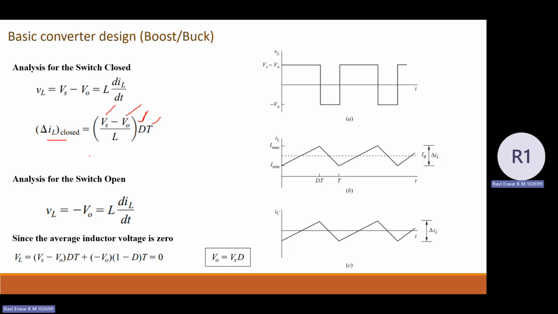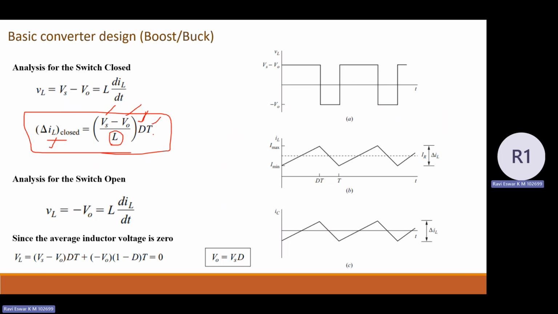So from this relation you can find the unknown value L. This is how you need to design the value of inductor for a buck converter. All values are known to you because they are specified by the user, and Vs and V naught are specified by the user, and the required duty to maintain V naught as a function of Vs you can calculate.